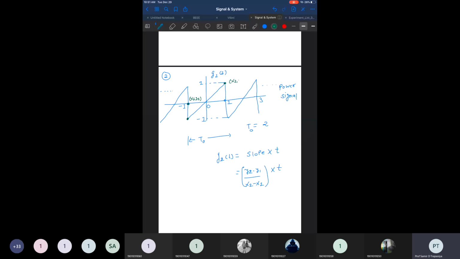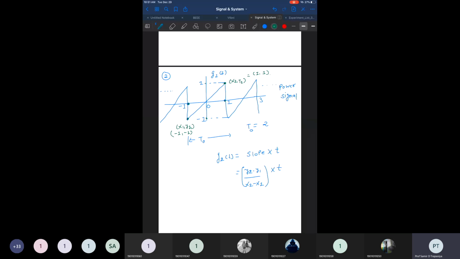So point number 1 and point number 2 you need to connect. What is x1 y1 here? x1 means the x-axis value, so that is minus 1. And y1 is the y-axis value, minus 1. At the second point, the x-axis value is 1 and the y-axis value is 1. So x1 y1 is minus 1, minus 1, and x2 y2 is 1, 1.